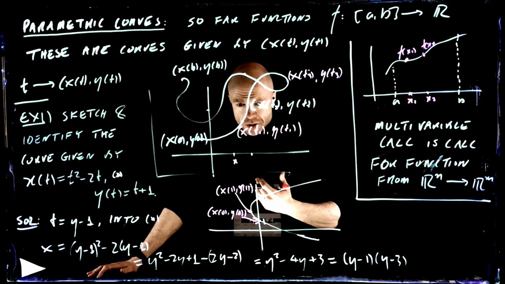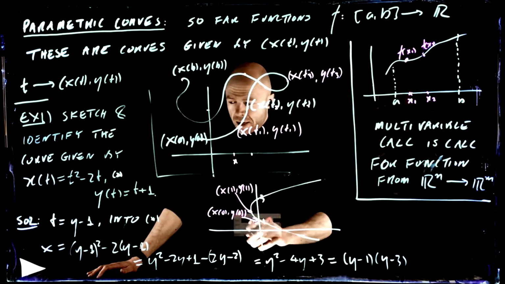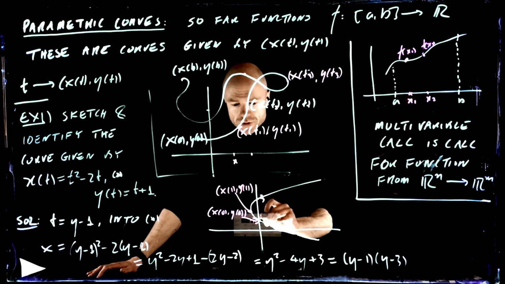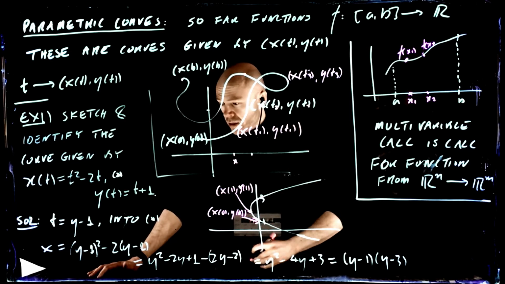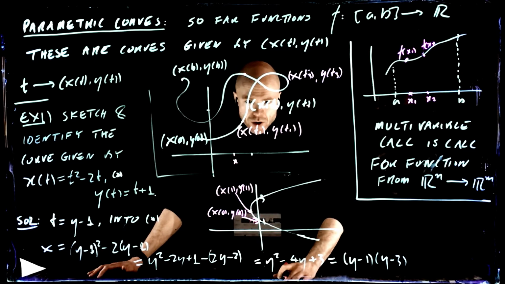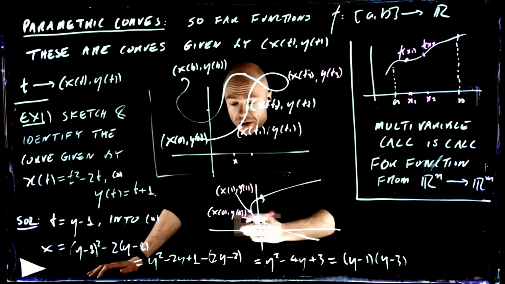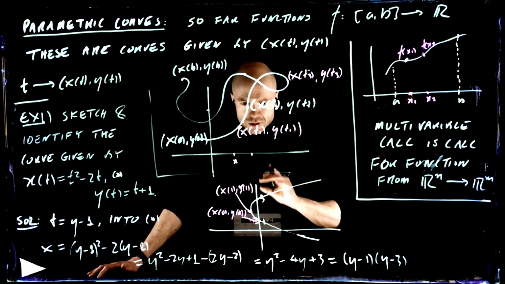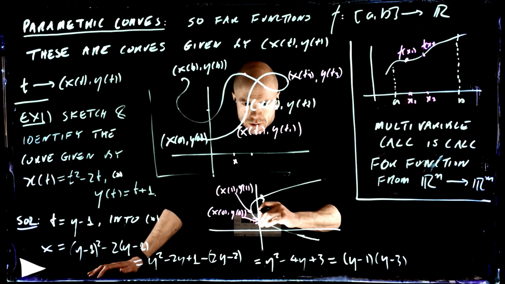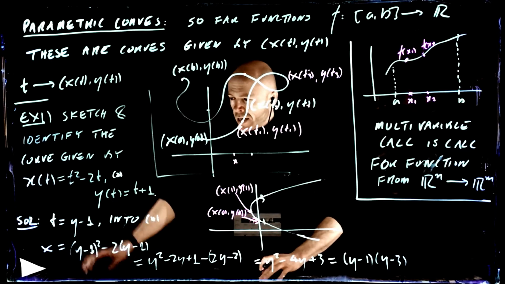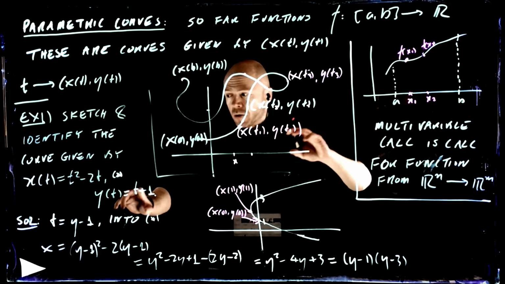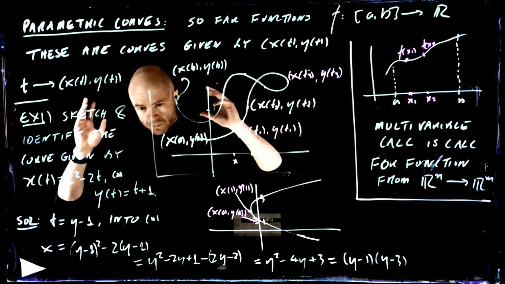If you don't see anything else going on, or even if you do but you're not sure, just stick values into your parametric curves, put them on the xy plane, and then connect them up. That's a crude way to start to do the graph. And you might have to do that, or you might do things like this and then just check that it makes sense with what happens when you stick in particular values. But this is an accessible thing. I mean, this isn't morally any different than sketching this thing, except that we have a function from R into R2, right?